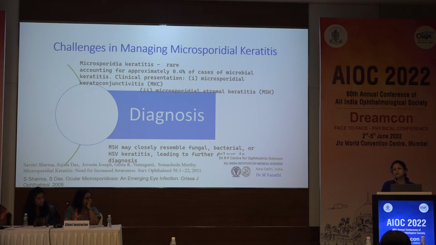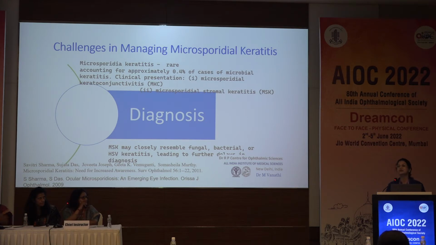What is more difficult to see and handle is the second form, microsporidial stromal keratitis. This closely mimics a fungal keratitis or a viral stromal keratitis. It is very difficult to pick up on your microscopy slides and smears unless you have a well-trained microbiologist, and only if you raise the suspicion of microsporidia to your microbiologist.